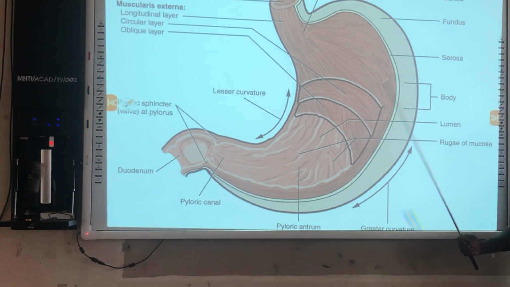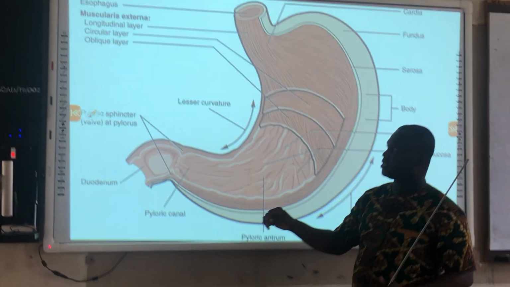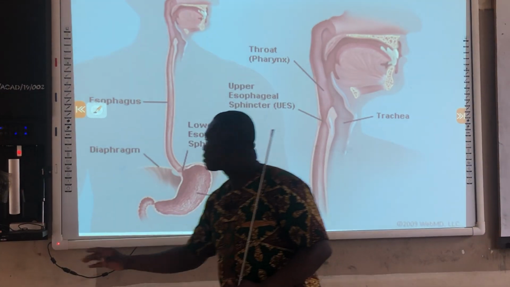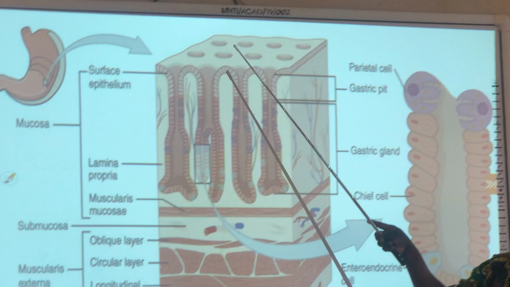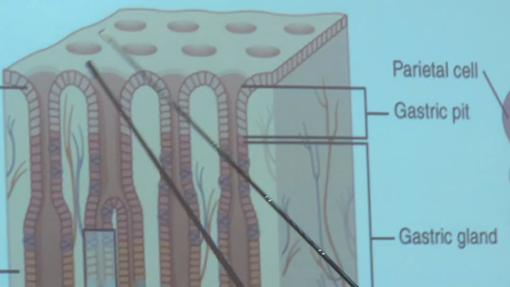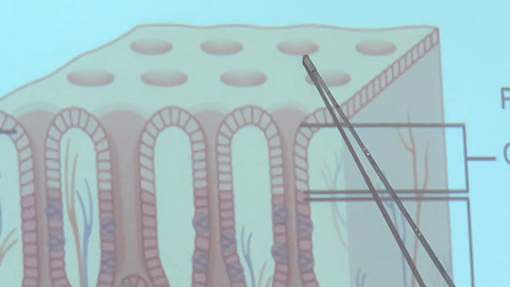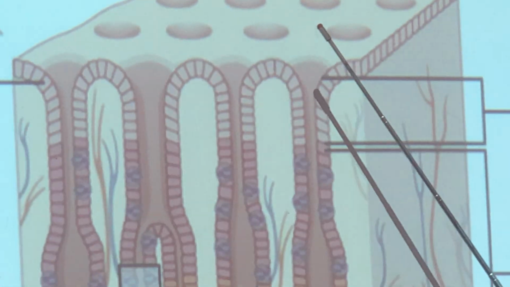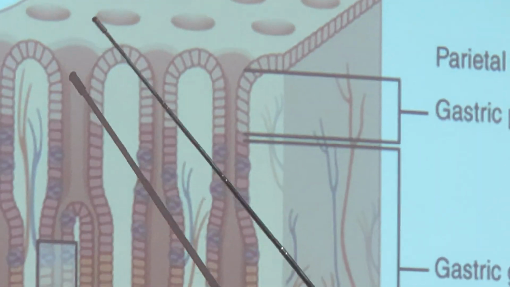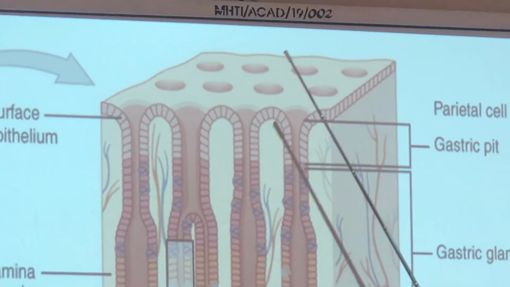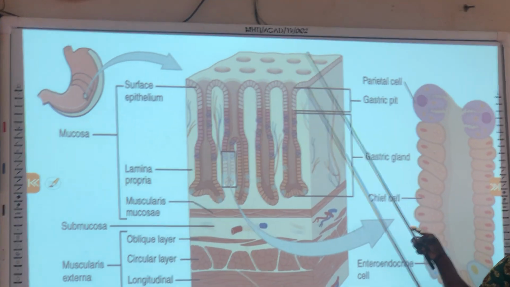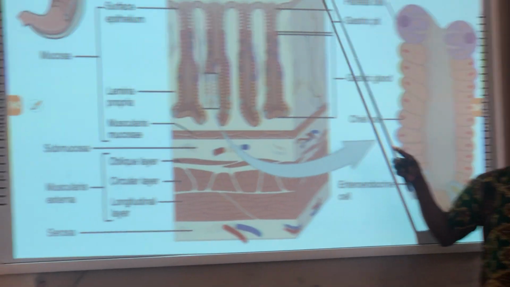Again, the mucosa is also dotted with numerous pores. These are the pores, or holes, or openings, that are dotted on the mucosa. The name of the pores is deep gastric pits.